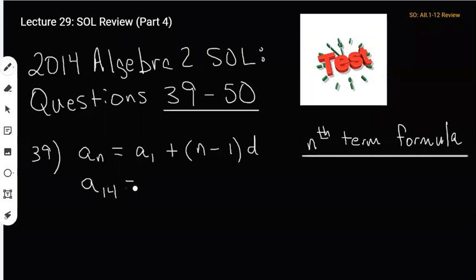So I'm going to change this n right here into a 14. And everywhere else I see an n, I'm going to put a 14. Now we just need to know what A1 is and what D is.